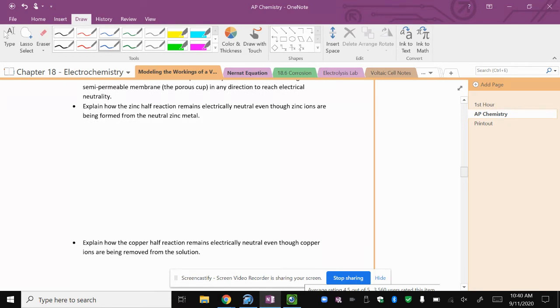So it says, explain how the zinc half reaction remains electrically neutral even though zinc ions are being formed from the neutral zinc metal. So remember, this is where we moved that sulfate ion from the copper half reaction to the zinc half reaction. So this gained a sulfate ion.